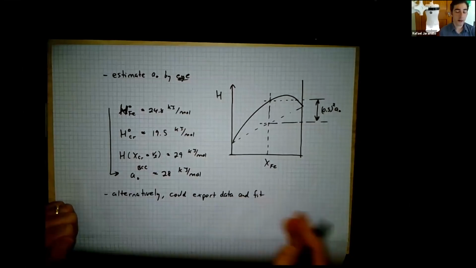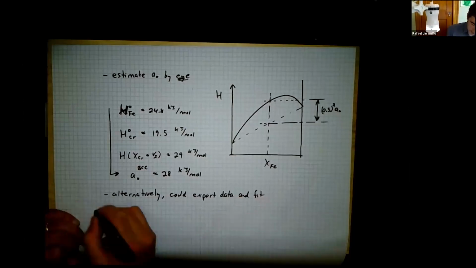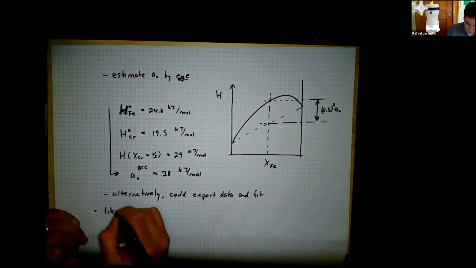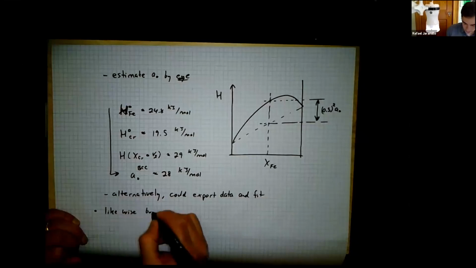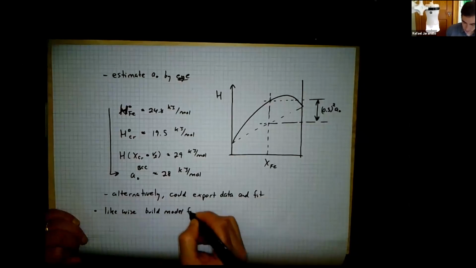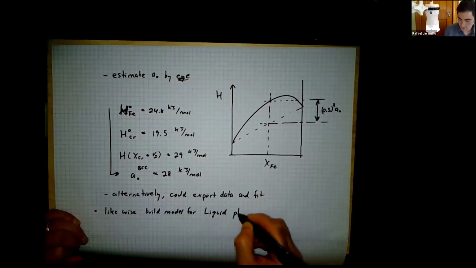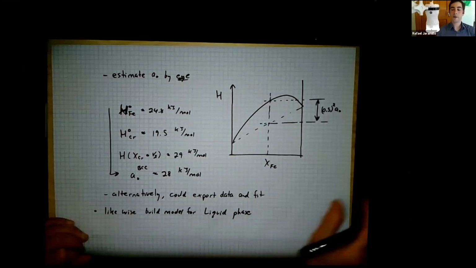You could do that. And you're going to likewise build a model for the liquid phase, right? We build a model for the BCC phase. We're going to likewise build a model for the liquid phase.